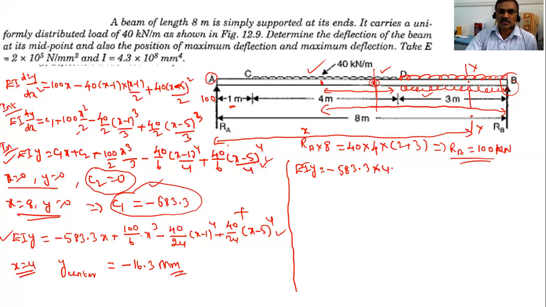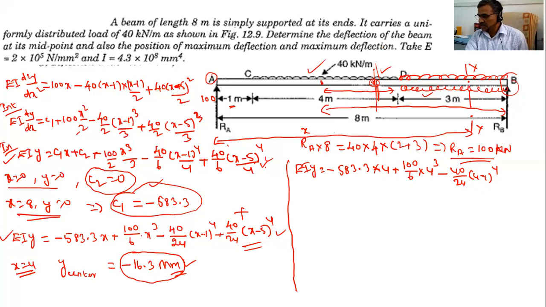X is equal to 4, plus 100 by 6 into x is equal to 4, so 4 cube, minus 40 by 24 into 4 minus 1 power 4. You don't take this term because you are taking the axis here, right? Now this will be minus 16.3 millimeters, right?